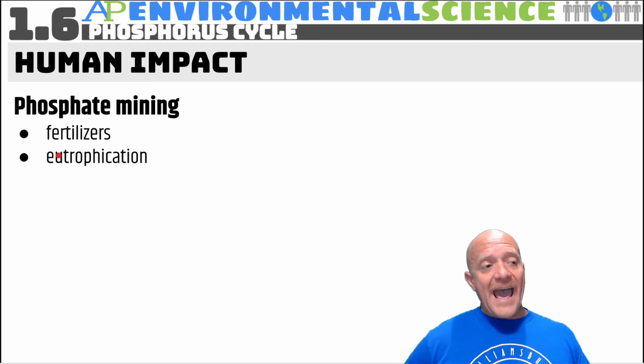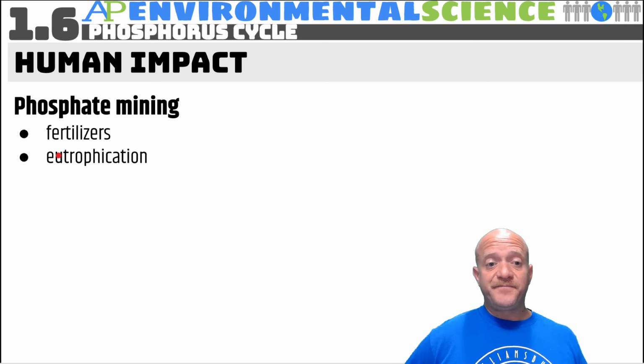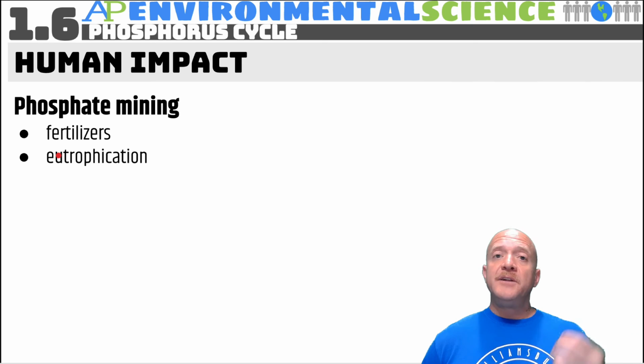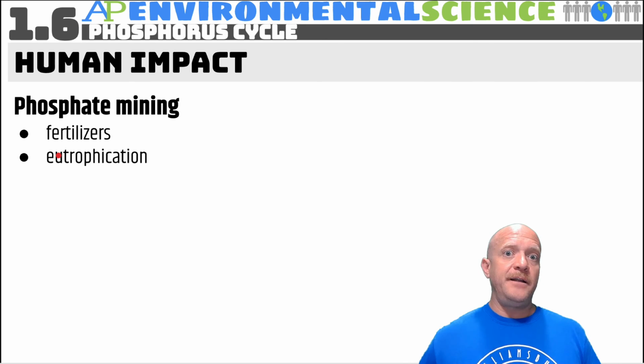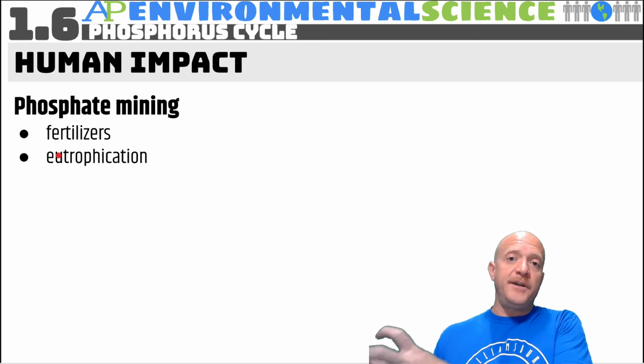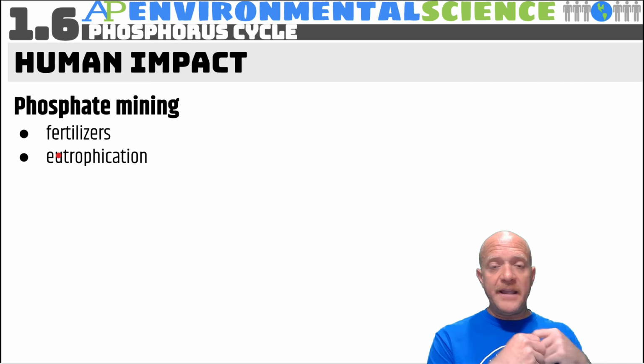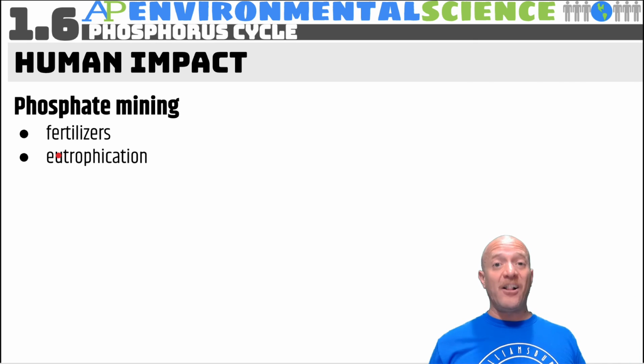And remember, when we add phosphate-based fertilizers, any sort of runoff can lead to eutrophication. Just a reminder, eutrophication is when nutrient-rich waters run off into a body of water and this influx of nutrients can cause an algal bloom.